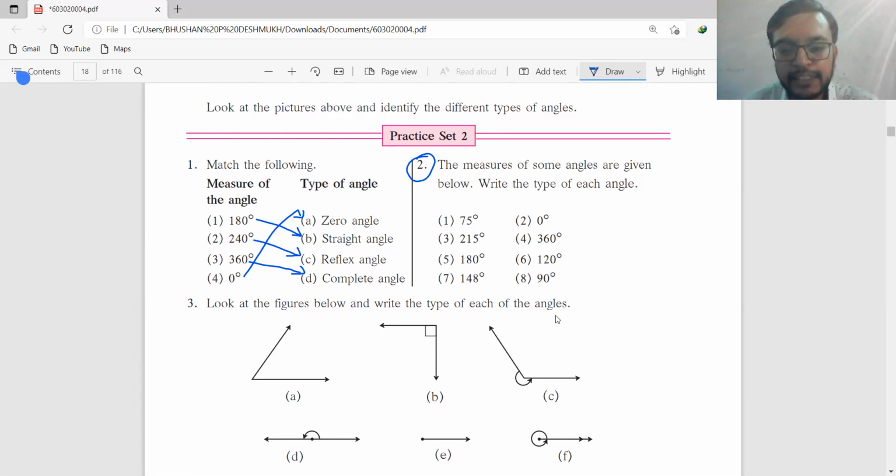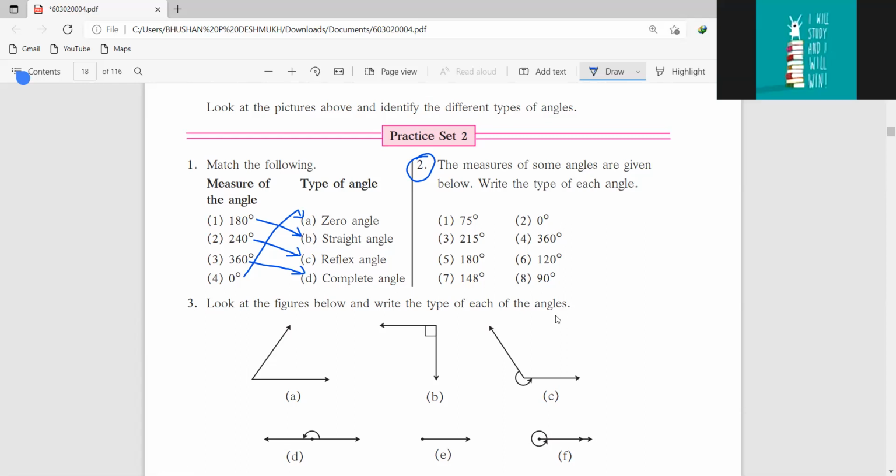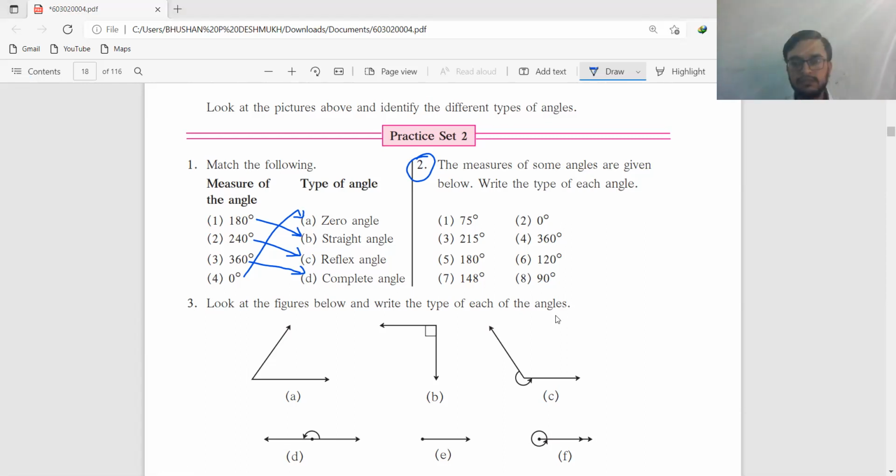Solve it fast and tell me the answer. Okay, have you solved it?